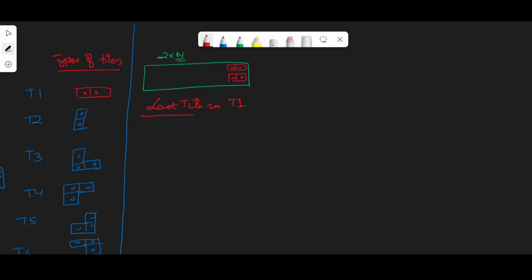And the only way to make this happen is the other tile also has to be this, like a perfect fit. So this is n minus 2, and this is 2. So if the last tile is T1, then the number of different ways, if we call it f of n, we are trying to find, would be f of n minus 2.